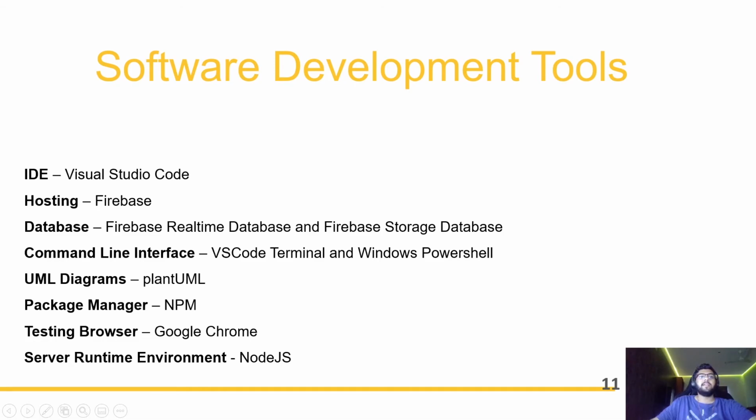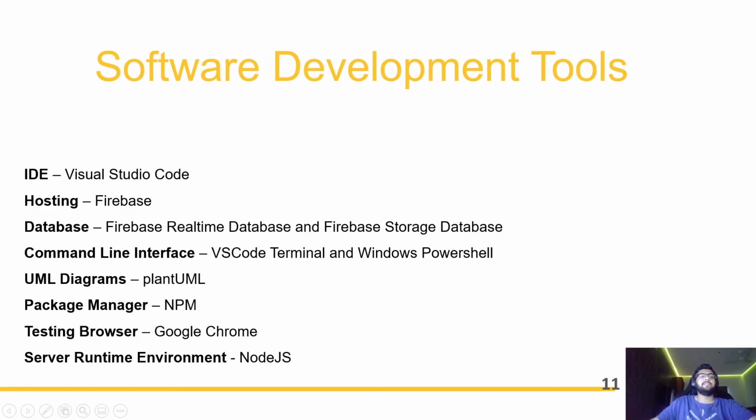For command line interface, we chose VS Code Terminal, Windows PowerShell for the Firebase CLI. For developing the UML diagrams in the report and in the presentation, we chose Plant UML. We also implemented the Plant UML with Visual Studio Code, which is also a great example of how versatile VS Code is.